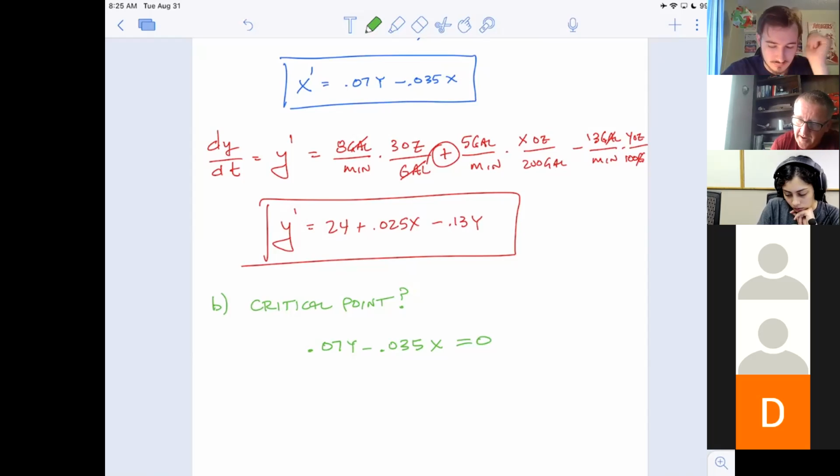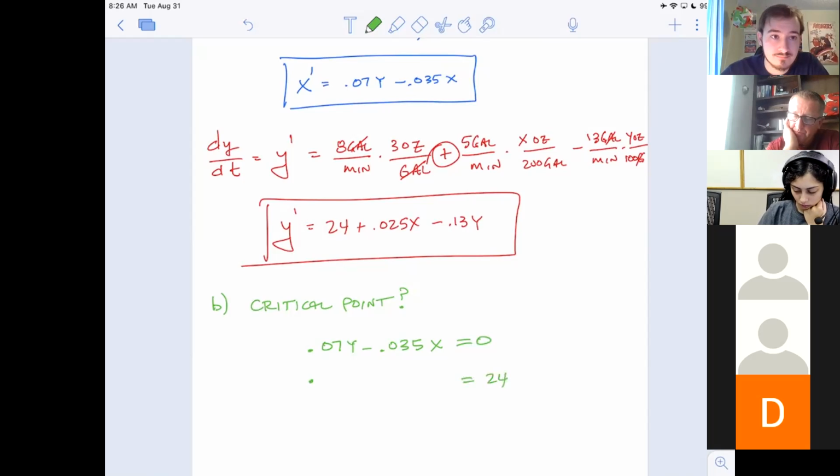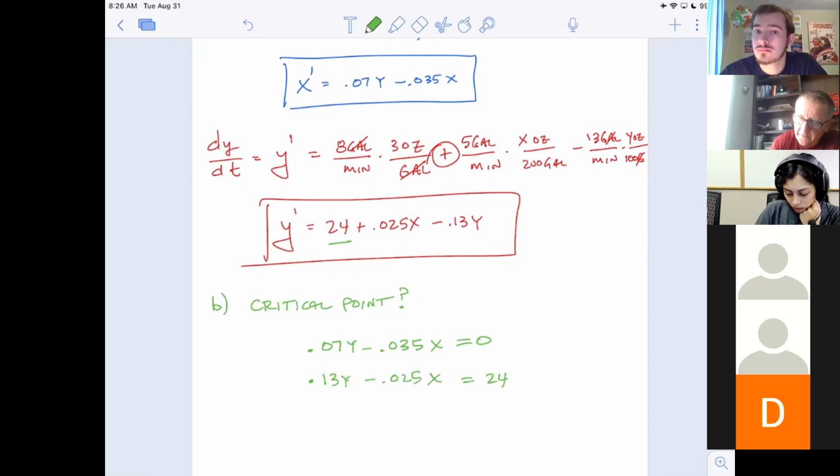But not only does that have to be true, this also has to be true. And is this okay with you if I do this? Since this is equal to, I kind of want these to look the same. So I'm going to leave 24 over here, and then I'm going to move all the other stuff to the other side. So 0.13y, add that to the other side, and then minus 0.2025x.